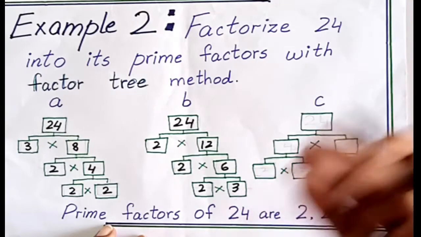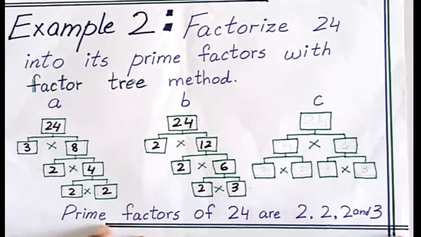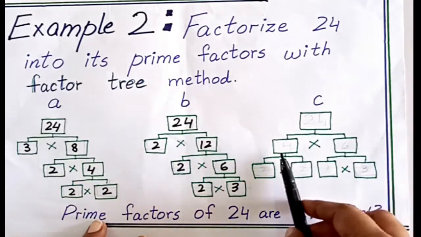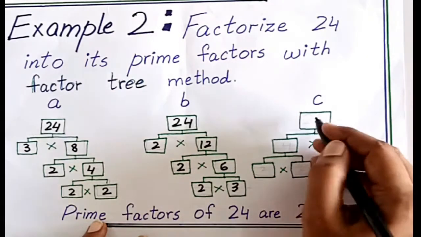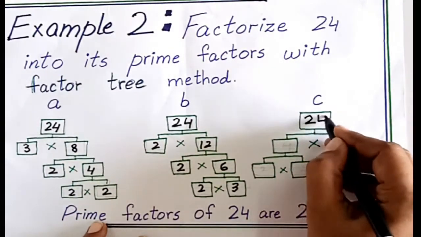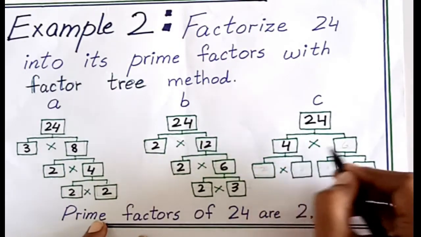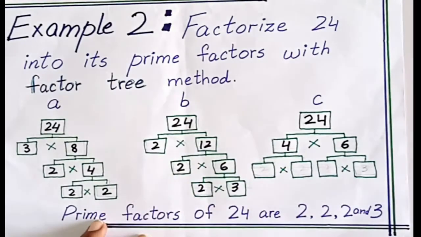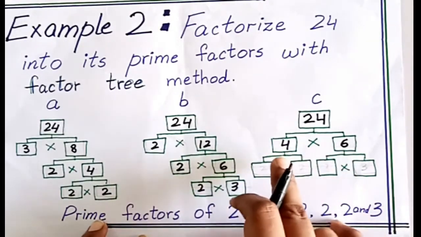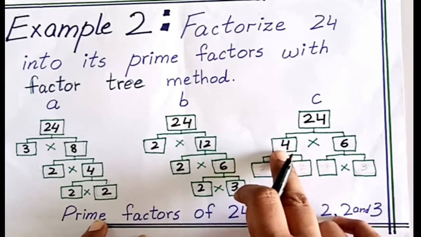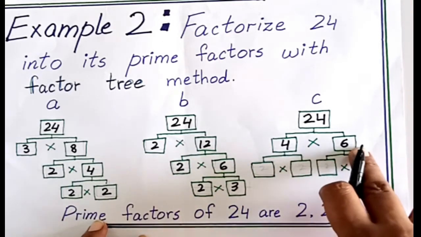Now let us factorize 24 one more time. With 4 and 6 you can multiply to get 24. Again we receive two numbers, but 4 is not a prime number and 6 also is not a prime number.